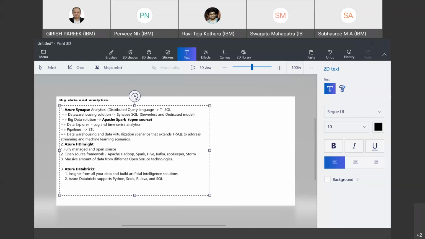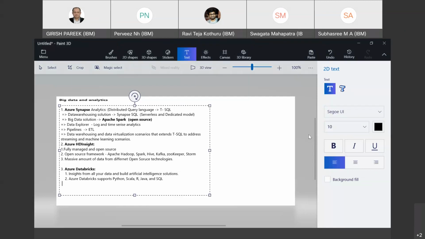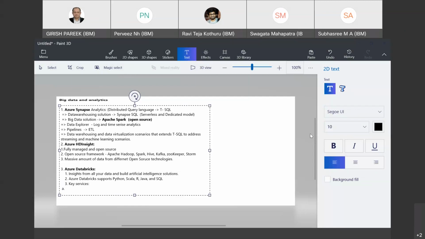Azure Databricks is a nice solution in case you want to do analytics, right? So what are the key services it provides? It provides an optimized Spark engine.